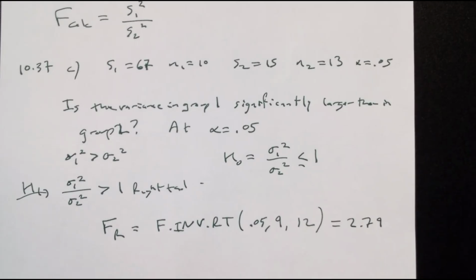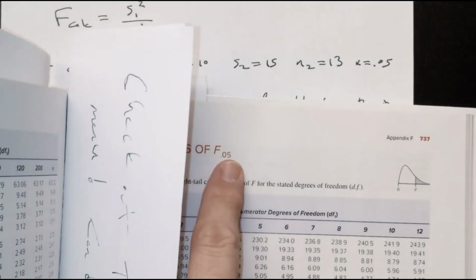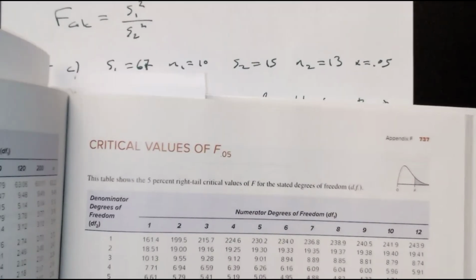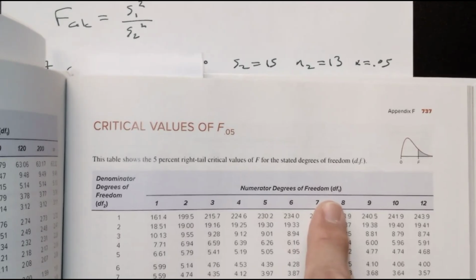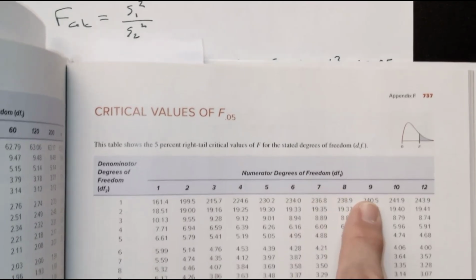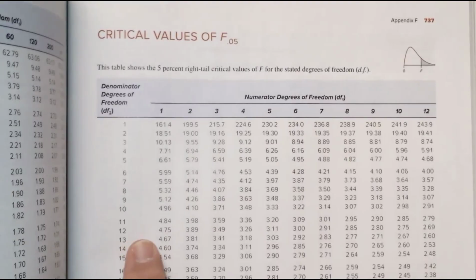Now, just to show you, here's our table for 0.05. Degrees of freedom 1 was 9. Degrees of freedom 2 was 12.